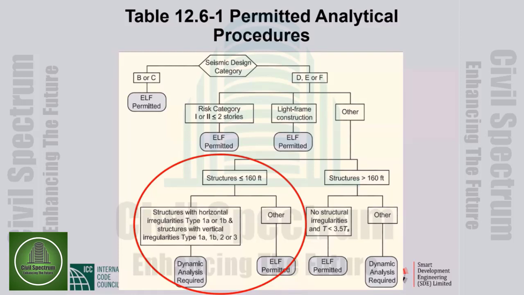Okay? It doesn't mention structural regularity or irregularity. In ASCE 7-05, for shorter buildings up to 160 feet of height, you have to do dynamic analysis if your structure has certain quote unquote bad irregularities, which would be horizontal 1A, 1B, torsional, extreme torsional, vertical 1A, 1B, which should be soft story, extreme soft story, and then vertical 2 and 3, and those will come up.